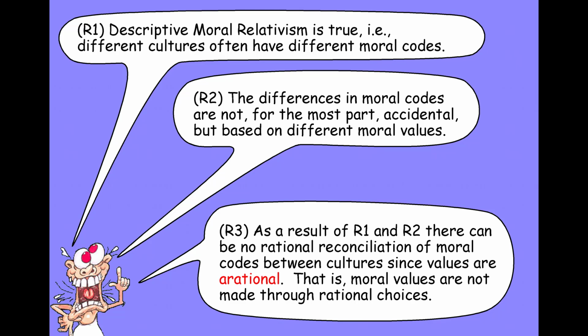There can be no shared consensus that's developed through reasoned debate, because when we look at these codes, they follow from moral values, but moral values are irrational. That is, moral values are not the sort of things that we make through rational choices.